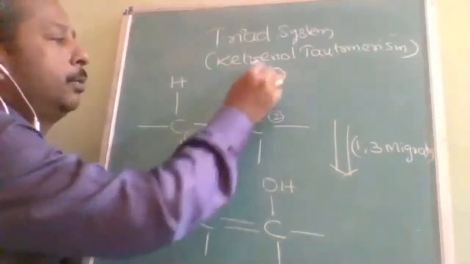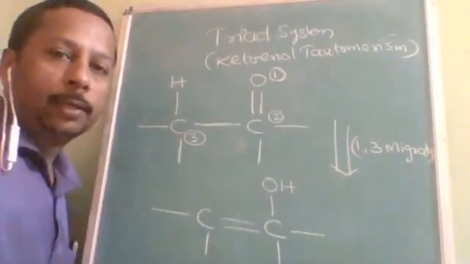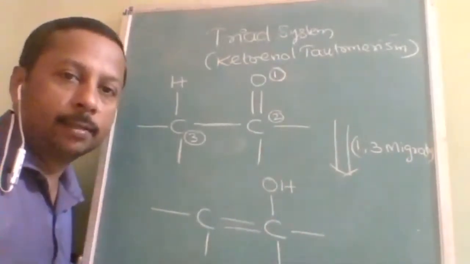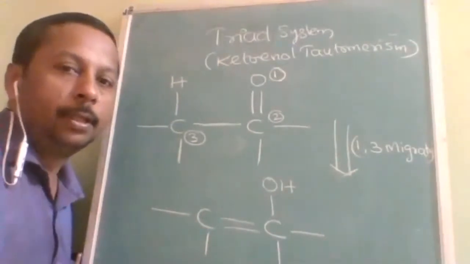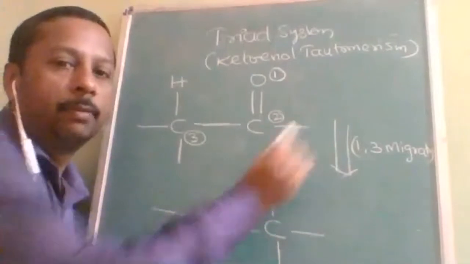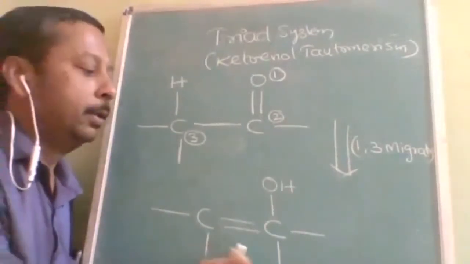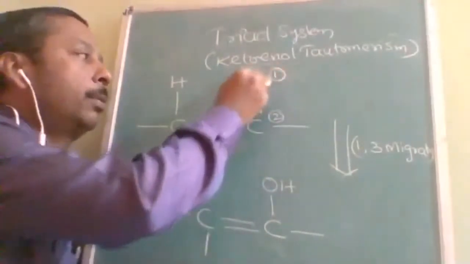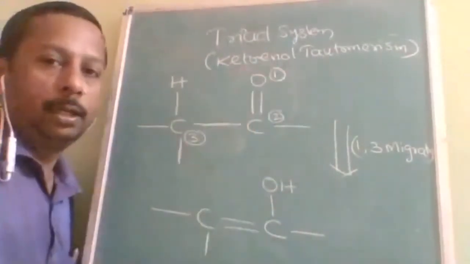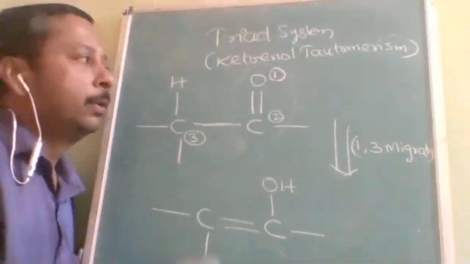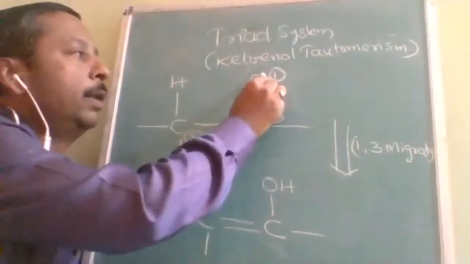So this is a ketone, C double bond O. Actually, we cannot say that it is a ketone, but it was named earlier and that's why it is continuing, because if some hydrogen is there, then it will become an aldehyde. So for avoiding that, properly speaking, it should be a carbonyl group. So this is a polyvalent atom.